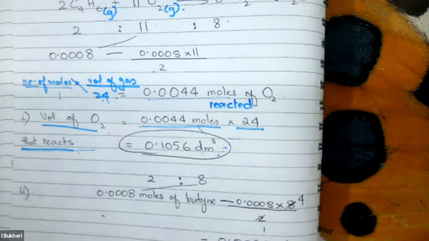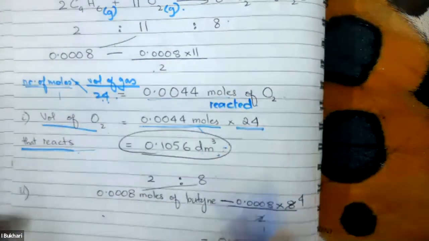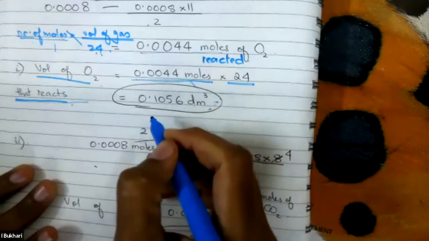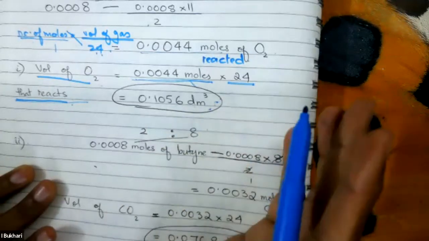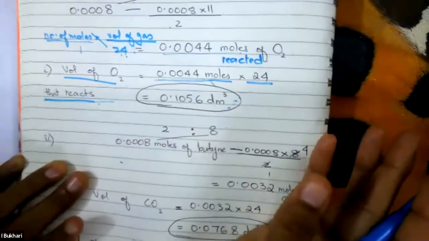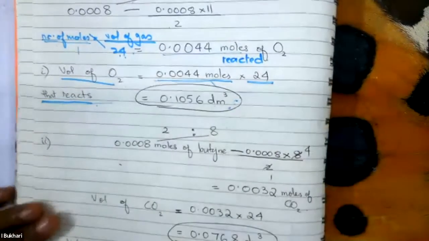Okay, maybe there's some problem with my calculator. One or two decimal places error is forgivable. I don't have my proper calculator these days.